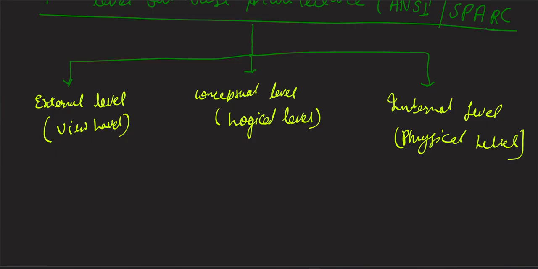But the admin can see the student fee details and results also. So this is called the view level or external level.